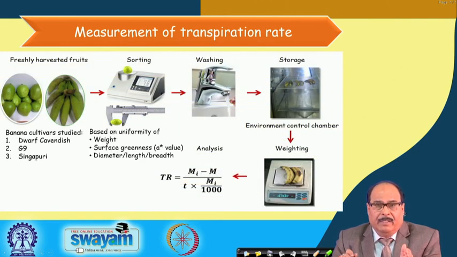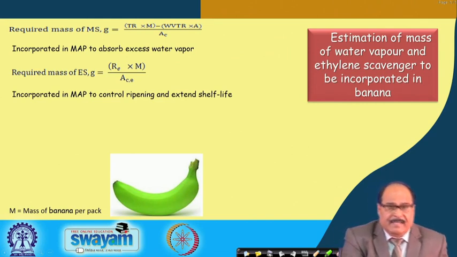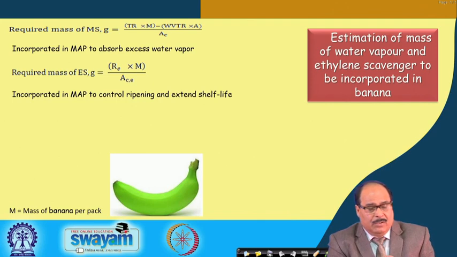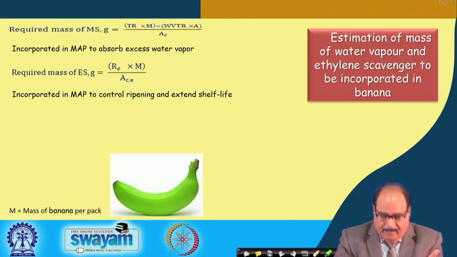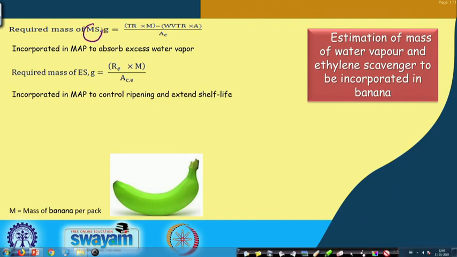So we conduct experiments, we can measure the transpiration rate, and the transpiration rate data can be used to calculate the moisture absorbers required using this formula, that is moisture absorbers in grams is equal to TR multiplied by M minus WVTR multiplied by A divided by AC.